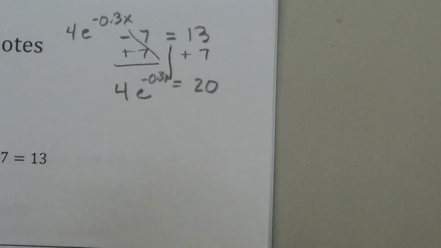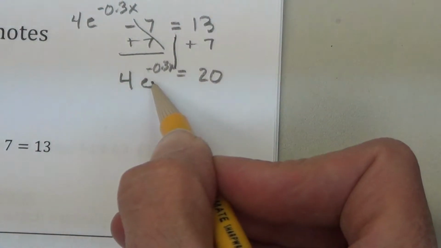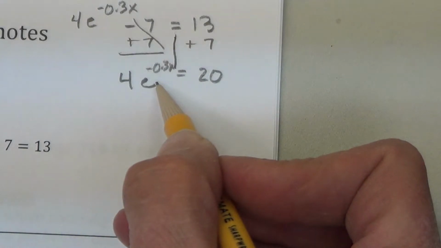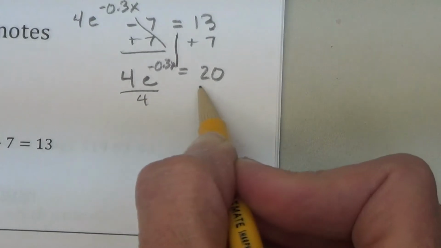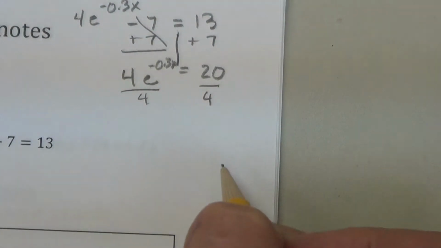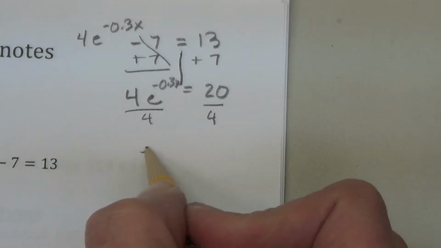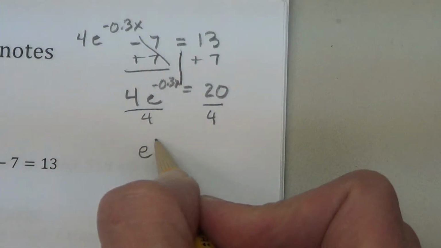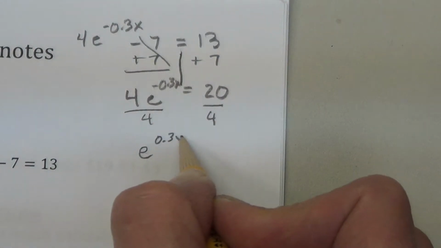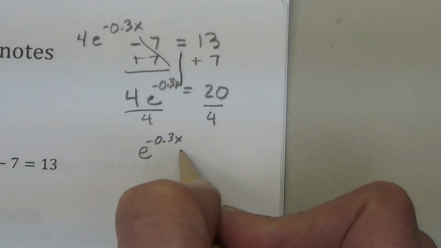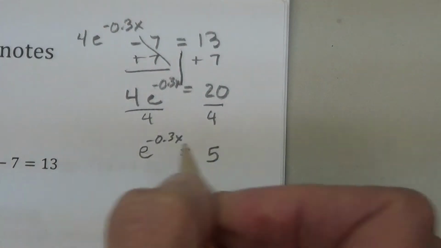Okay? Now, in order to get that e alone, which is what we really want to do, we would divide by 4 on each side. Now we have base e, or Euler's number, to the negative 0.3x equals 5.